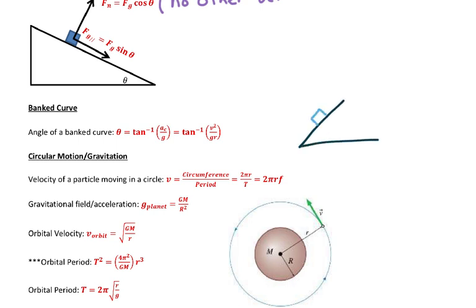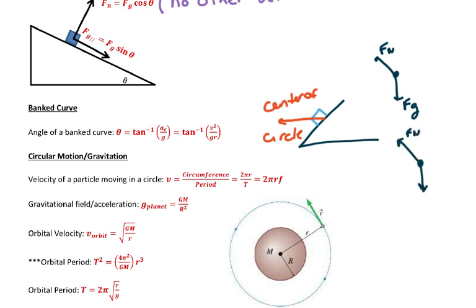If you have your car here, remember the center of your circle is this way. So you have to resolve the normal force into components instead of the gravitational force, okay? So this becomes a force diagram that looks like this, Fn, Fg, and if it has no friction on it, what you're going to want to do is put your axes like the, sorry, not like that.